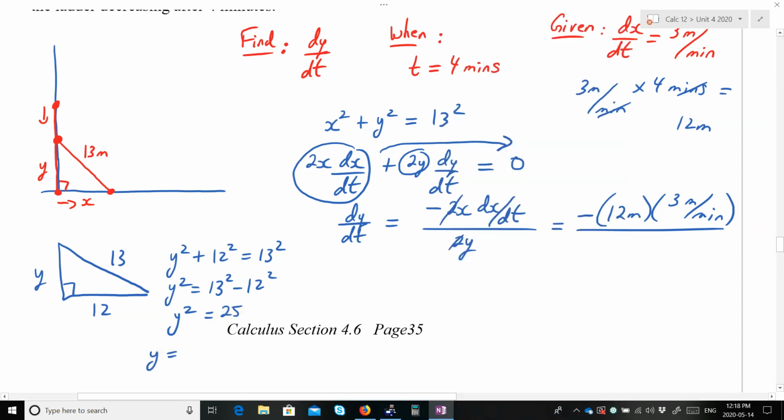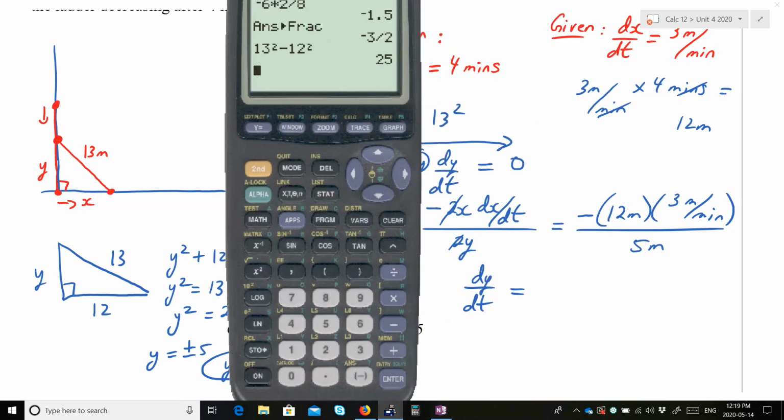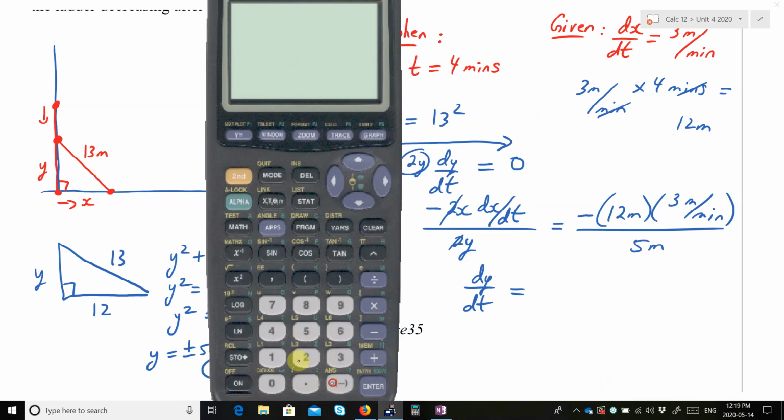Awesome. So mathematically speaking, something squared equals 25. Plus or minus 5 could work, but the context of the question dictates that this should be positive 5 meters. And so our change in y with respect to time is equal to negative 12 times 3, divided by 5.